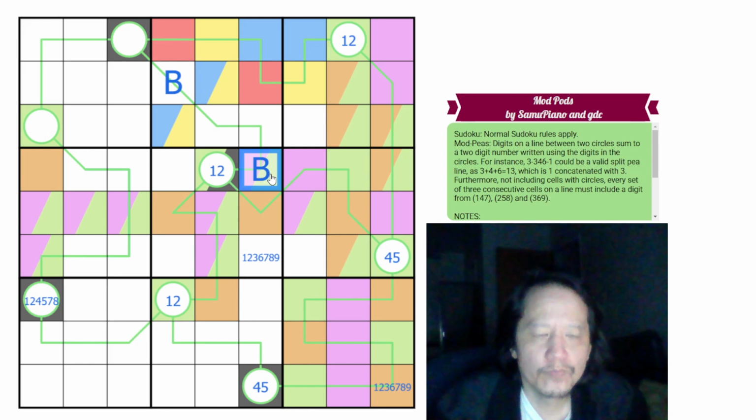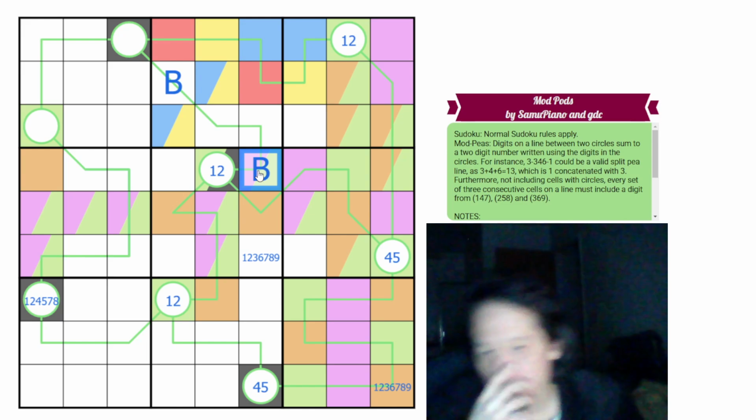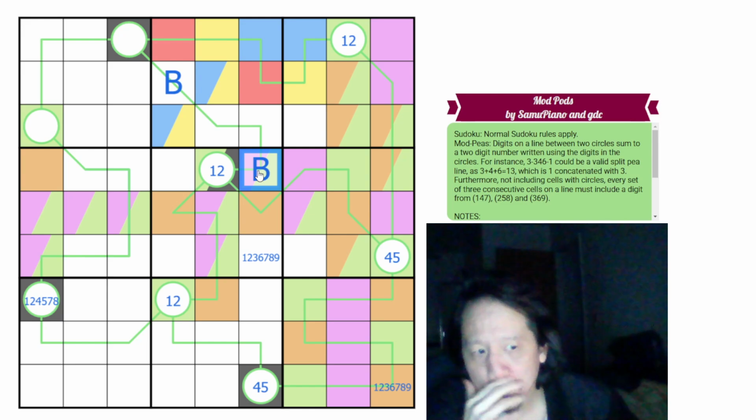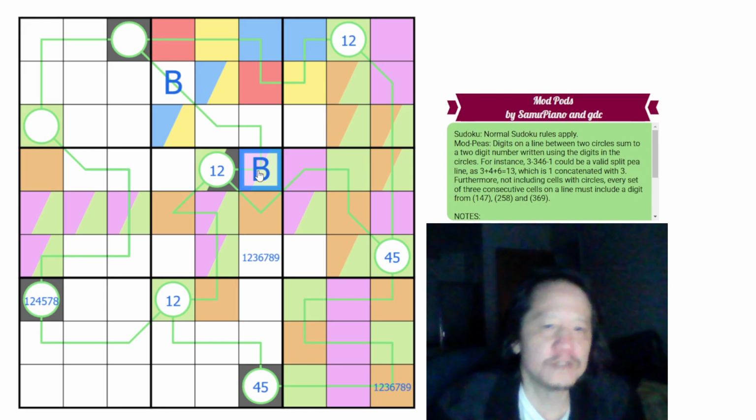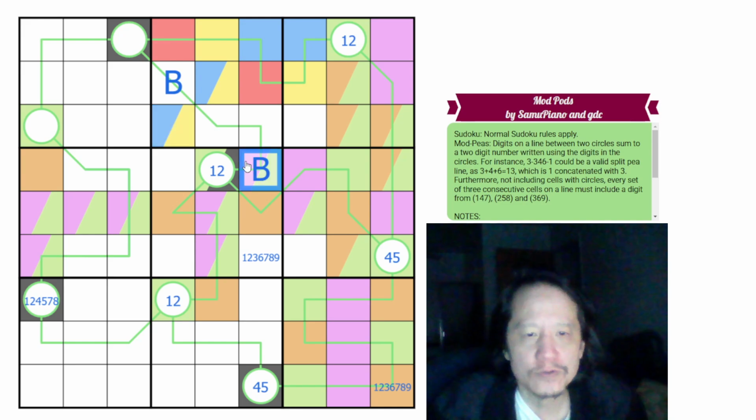So if it's dark and dark, these become green, right? Because they add up to the other one. They don't add up to.